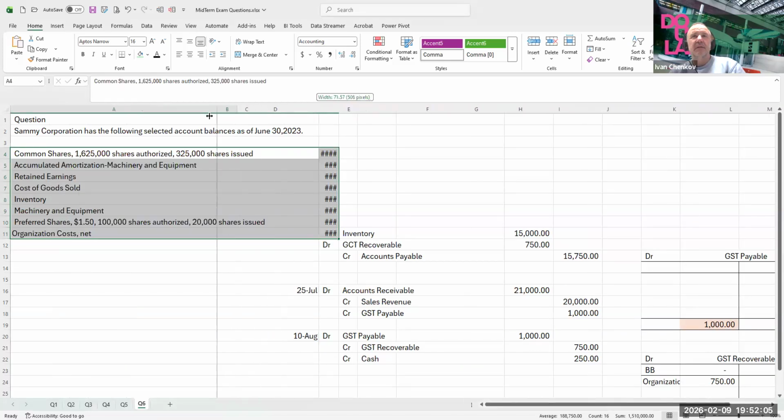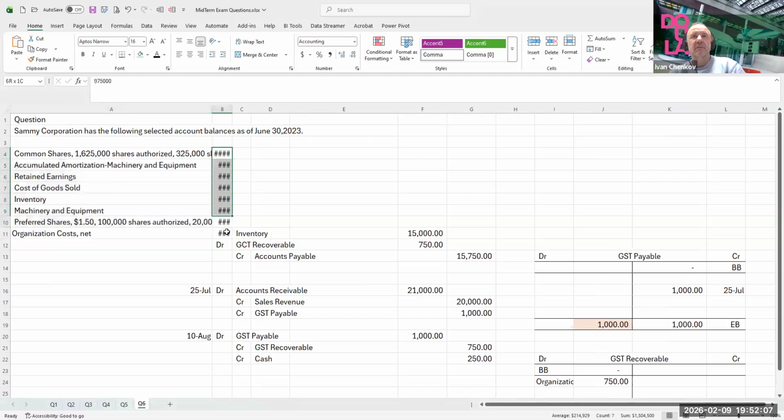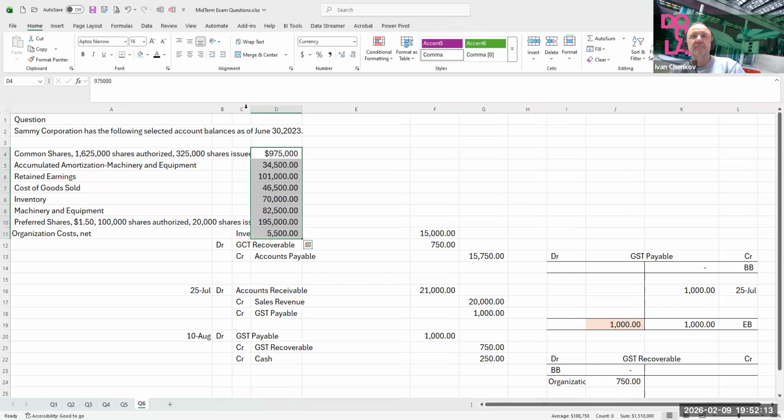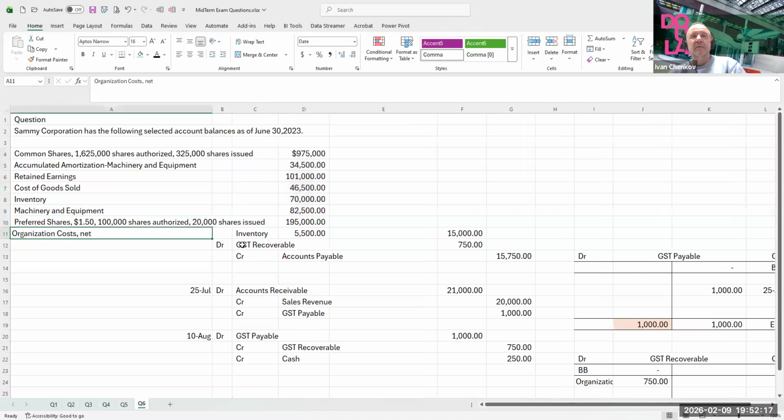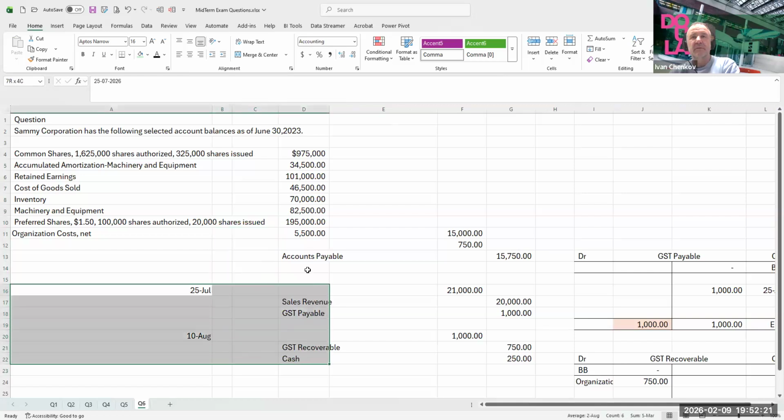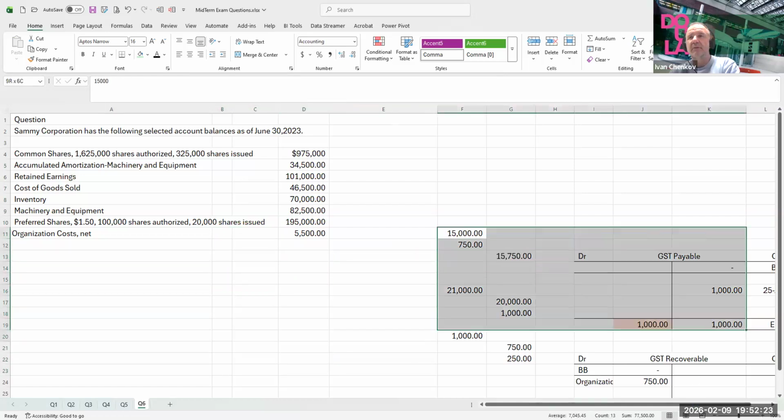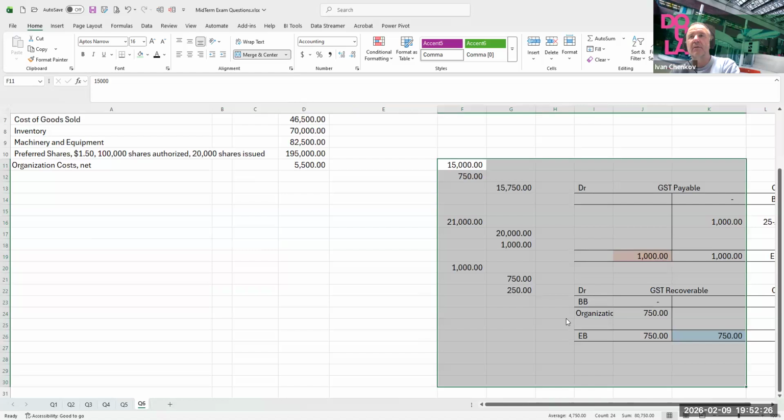So those are the selected accounts, and those are the balances that those selected accounts have. Okay, so I have to delete some of those. Pretty much everything. Let's delete everything.